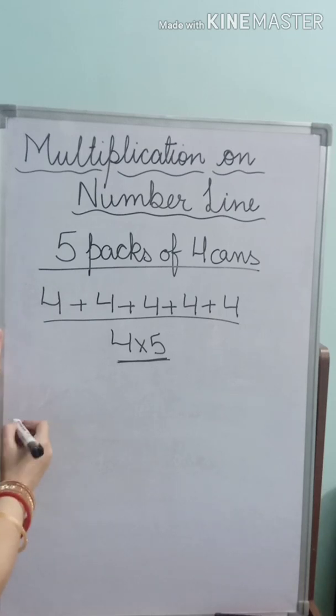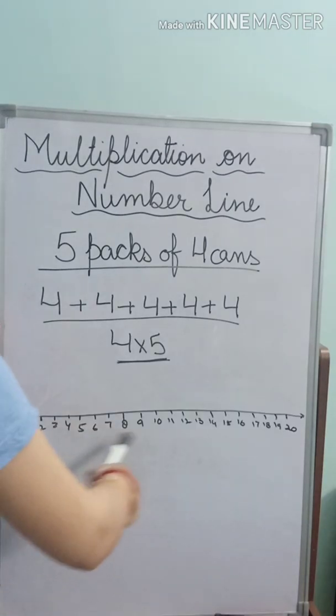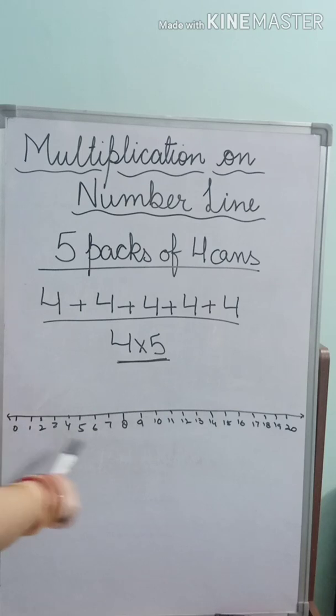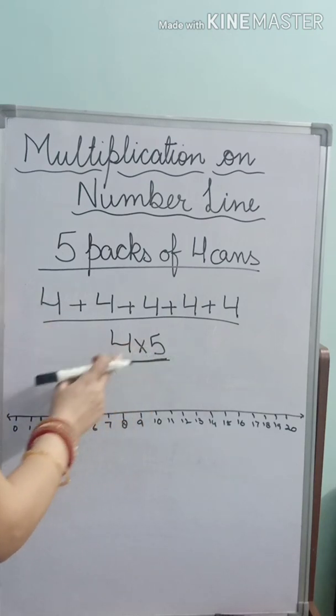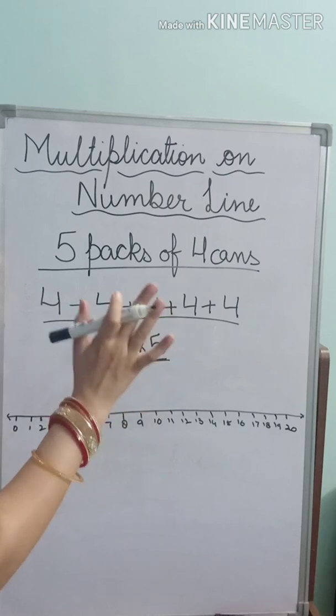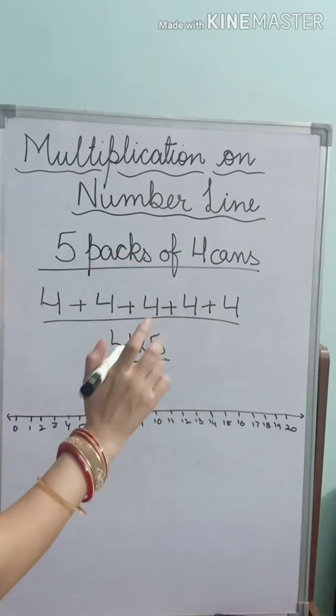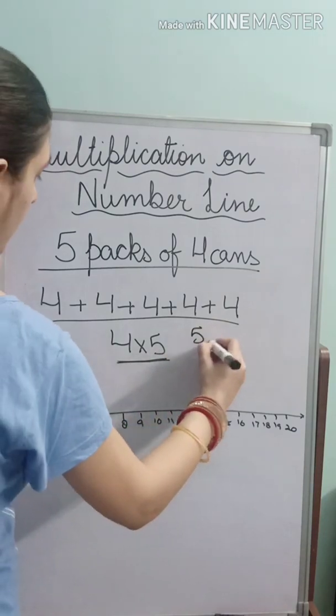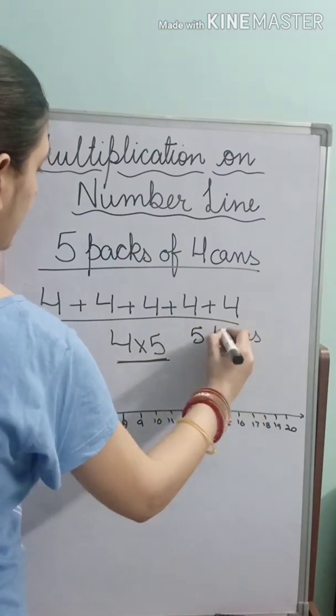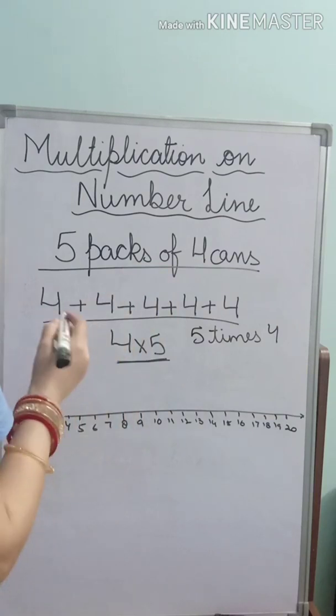So I have a number line, begins from 0 to 20, or it can be further. So how can I find 4 multiply 5? 4 multiply 5 means 5 times 4, correct?